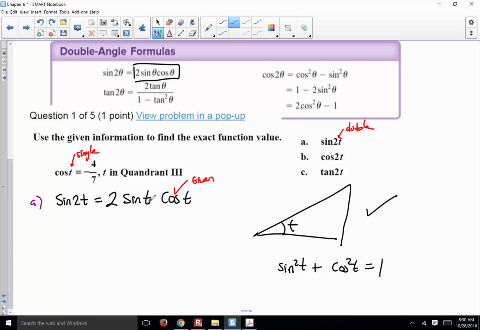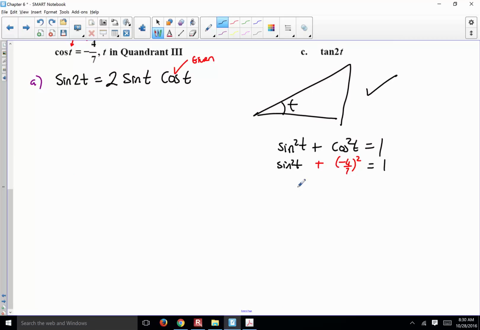We know cosine t, right? 4 over 7. So it's the square of that. And sine squared t will be 1 minus 16 over 49. Next, 1 over 1 you multiply by 49, so 49 over 49 minus 16 is 33 over 49.